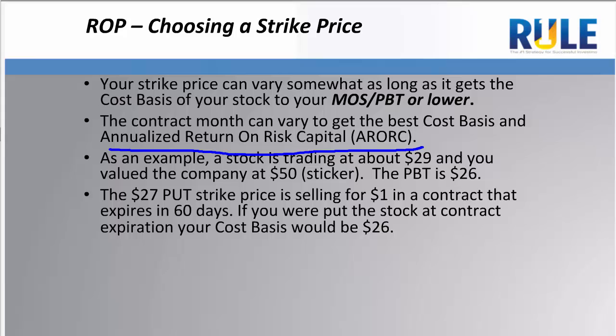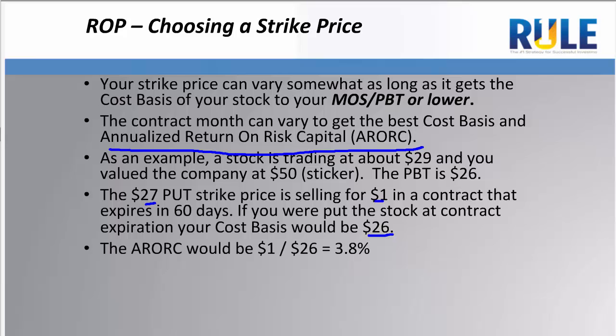But what if you could sell a $27 put, and let's say you pick up a dollar premium, and there's 60 days left in the contract. If these shares get assigned to you, you own them basically at 27 minus $1, which is 26 bucks. That's your cost basis, we would call that.